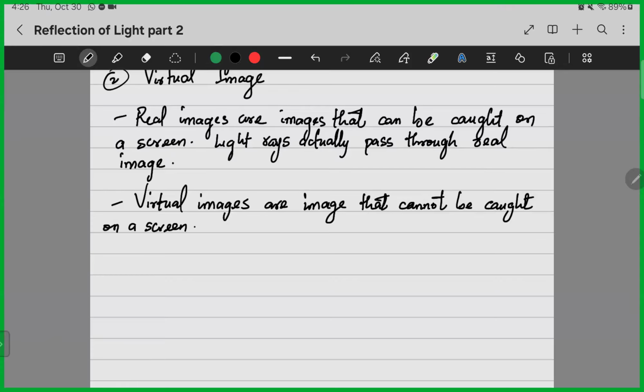And the idea here is, there are images through which rays do not actually pass. Or let's write it this way: light rays do not actually pass through them.